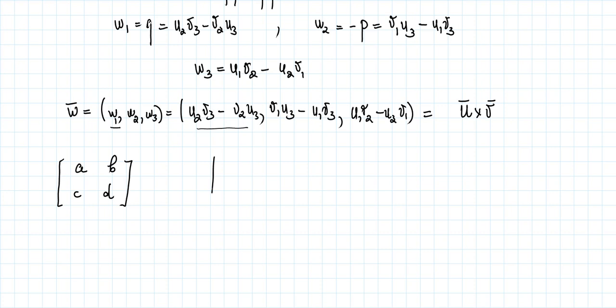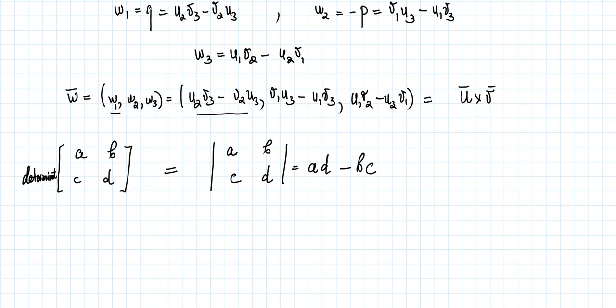The determinant of the matrix is some number which is a property of the matrix, basically kind of its absolute value, and it is equal to A multiplied by D minus B multiplied by C.